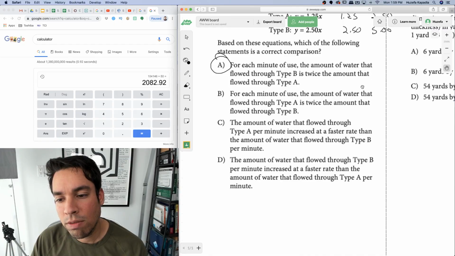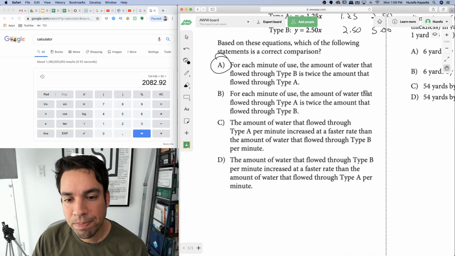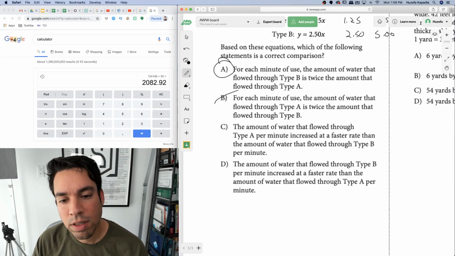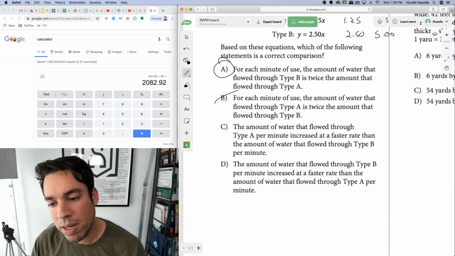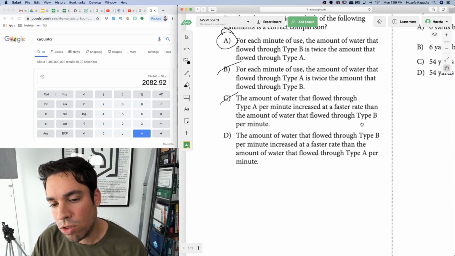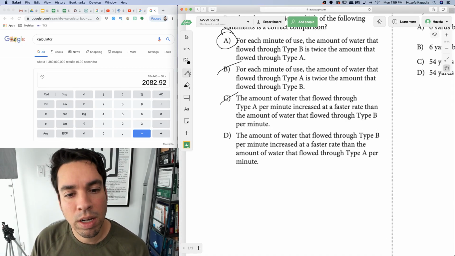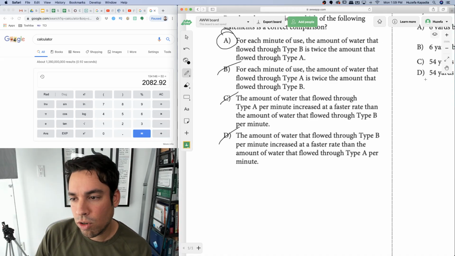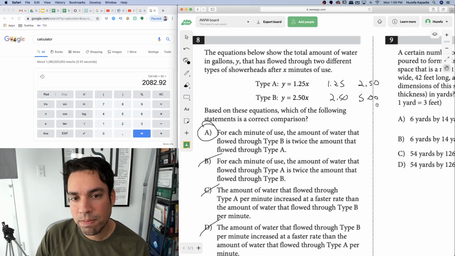For each minute of use, the amount of water that flowed through type A is twice that of, no, this is wrong. It's opposite. The amount of water that flowed through type A per minute increased at a faster, no, nothing is increasing. It's a constant 125 per minute versus 250. The amount of water that flowed through type B per minute increased at a faster rate. No, it's not increasing. It's a constant rate of flow.